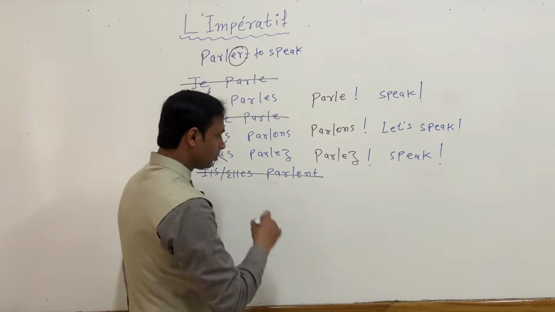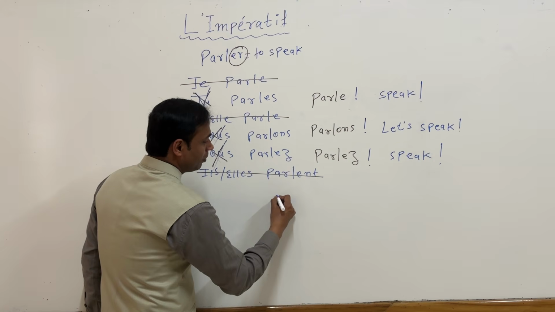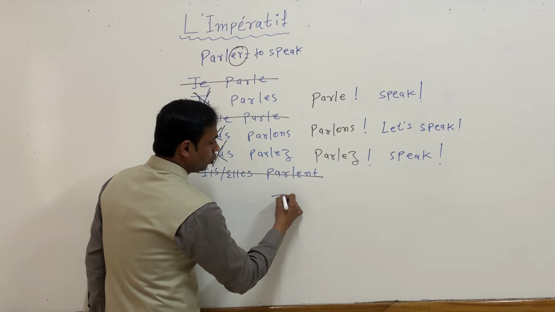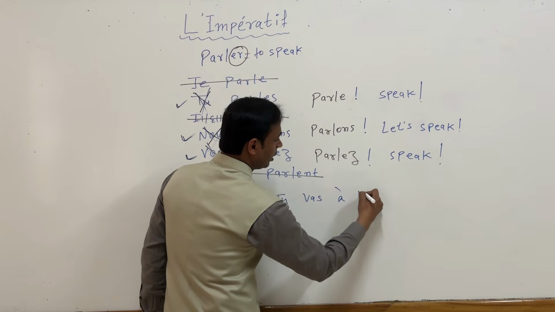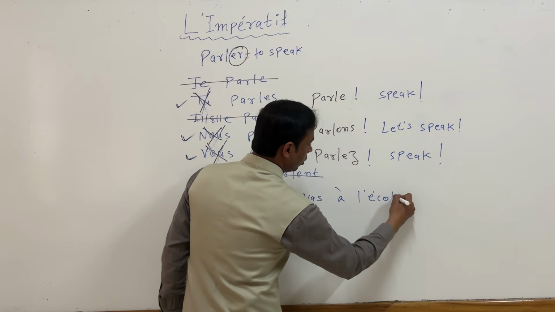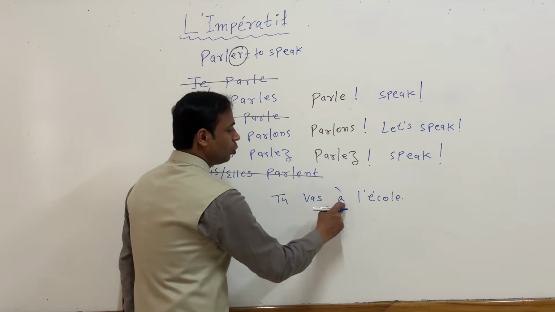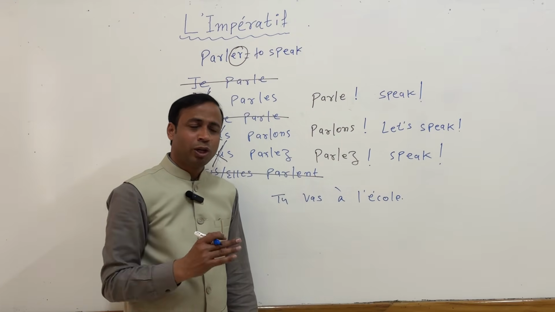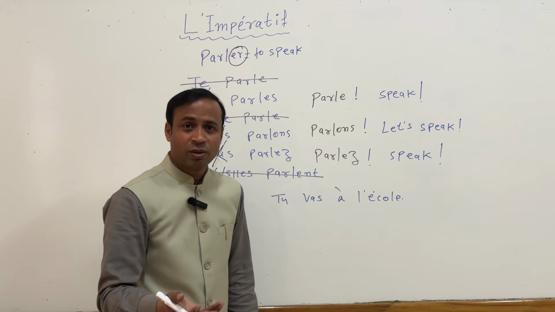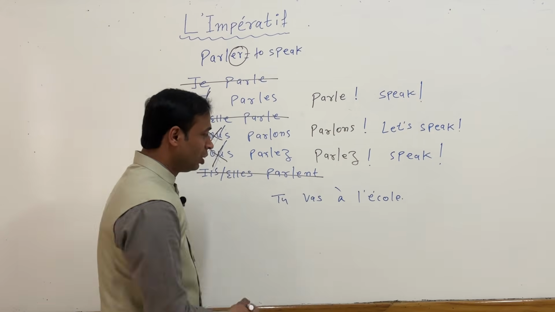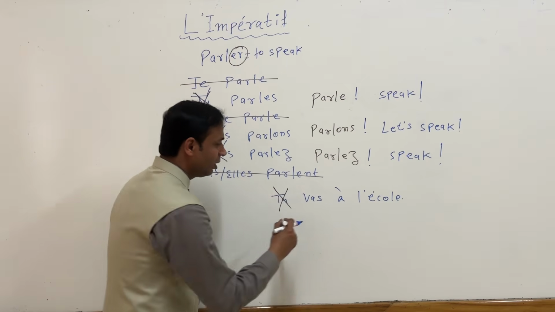For example, let's take the example of "Tu vas à l'école." It means you are going to school, or you go to school. Now make it imperative, for example, "go to school". This is an instruction. So how will you make "go to school"? You don't need the subject.